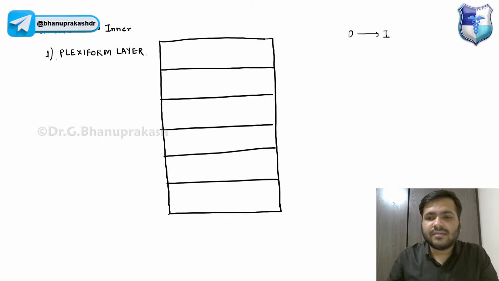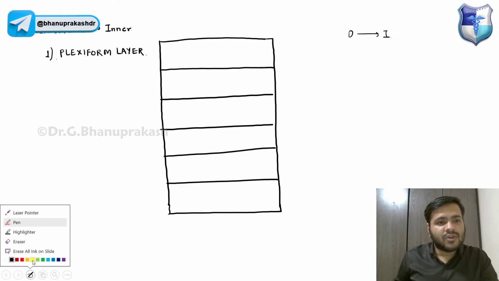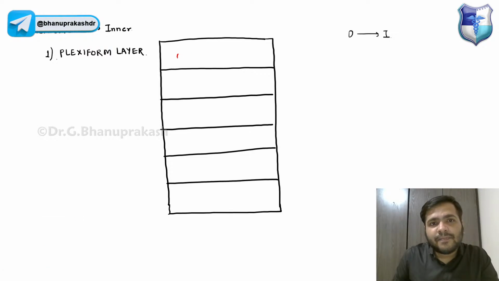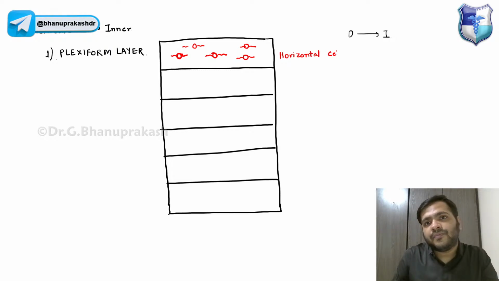Over here, you will see some horizontally placed cells. These cells are called the horizontal cells of Cajal.